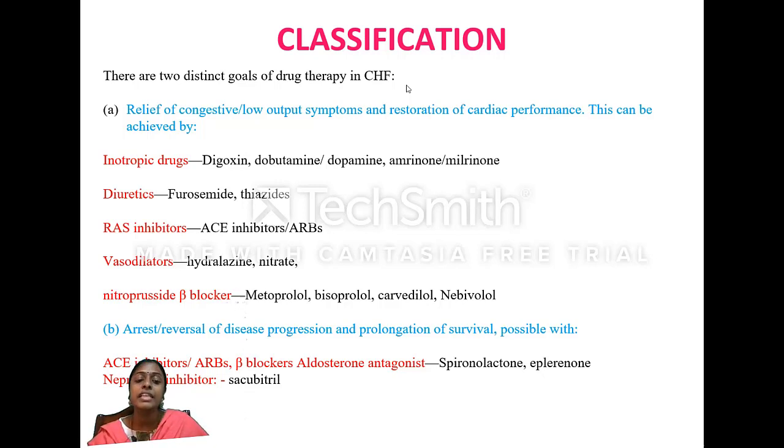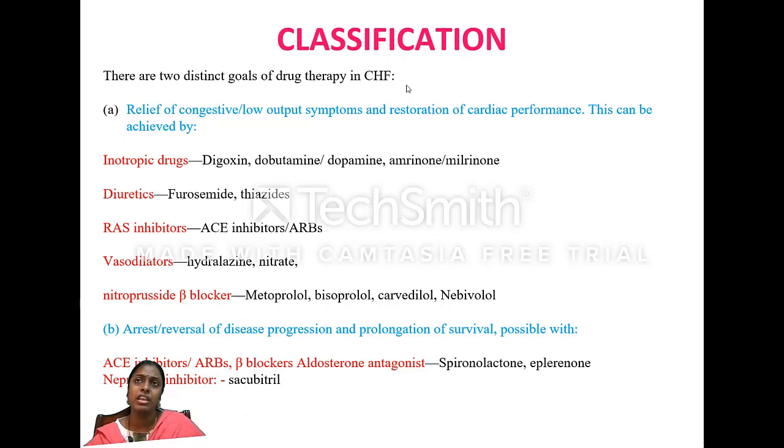The next stage is if the disease is in worse condition, then we have to arrest the symptoms so that it should not go into a worsening stage. Okay, at least it should stay there, not in worse conditions. So we have to arrest the disease progression, or reverse it.